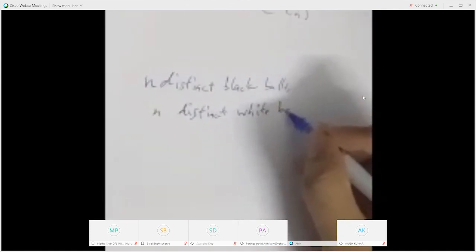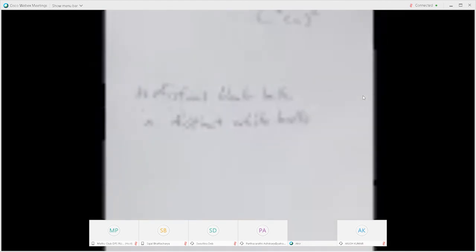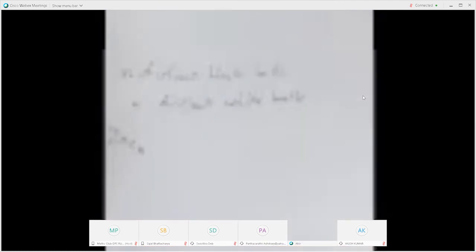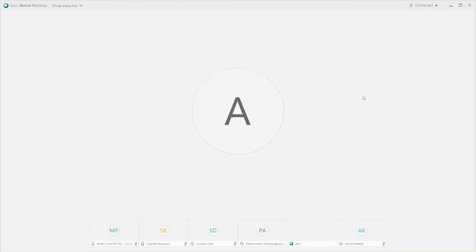So in how many ways could you choose n balls from these 2n balls? So obviously the answer is 2nCn. That's one way of looking at it. But in a double counting argument, we'll look at this from a different perspective.